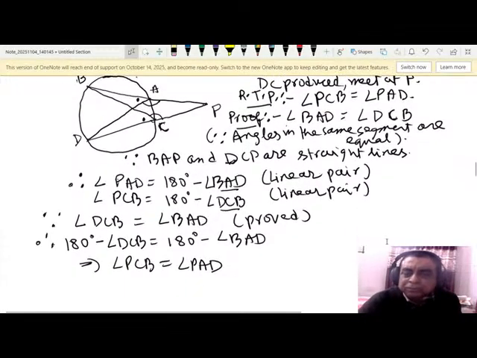So this is what we were asked to prove. Angle PCB is the same as angle PAD. We have shown it. Hence it is proved.